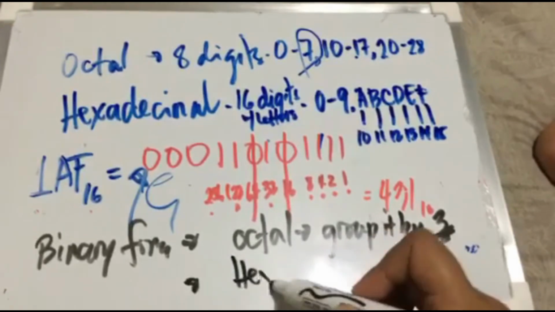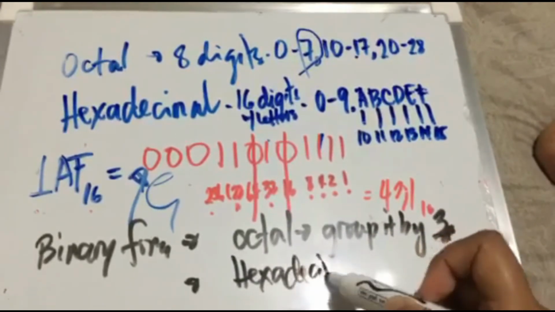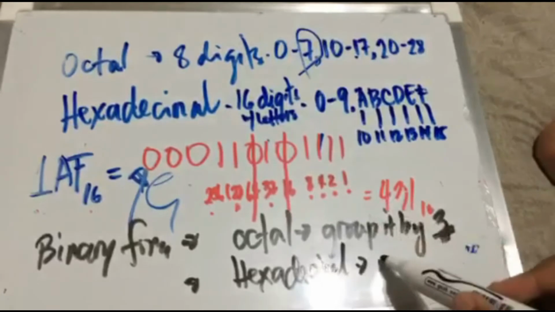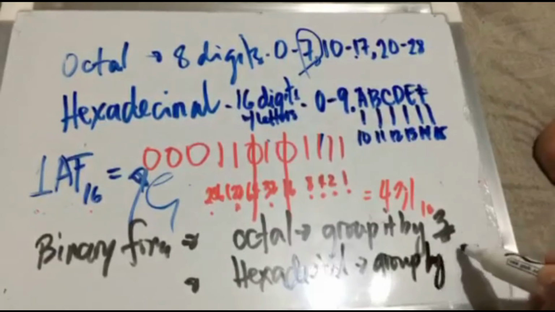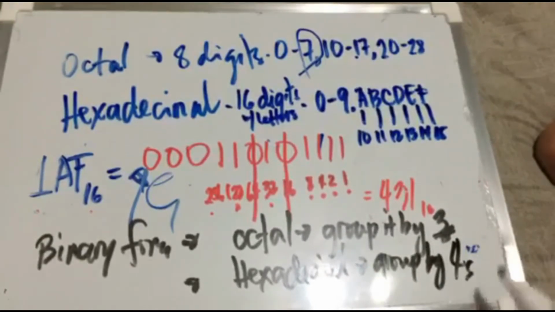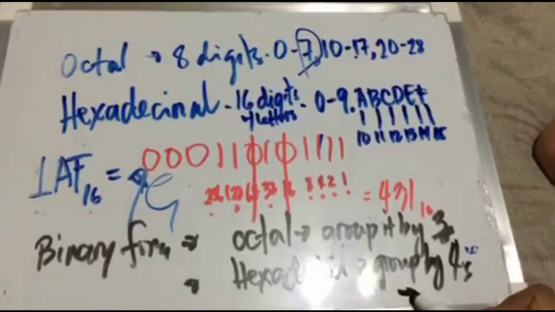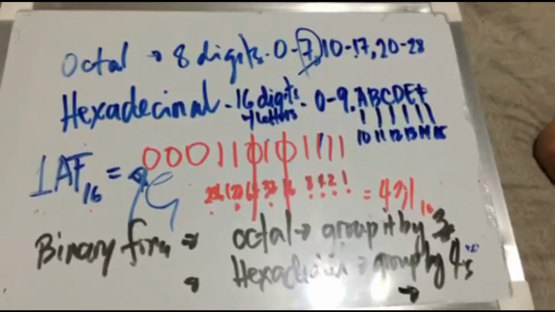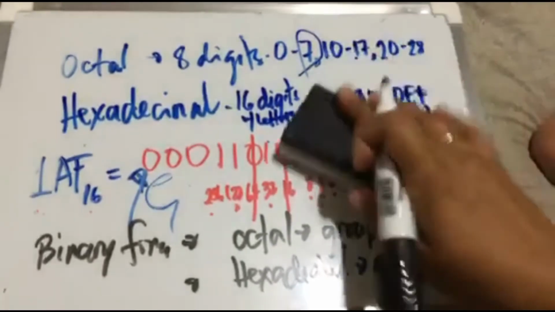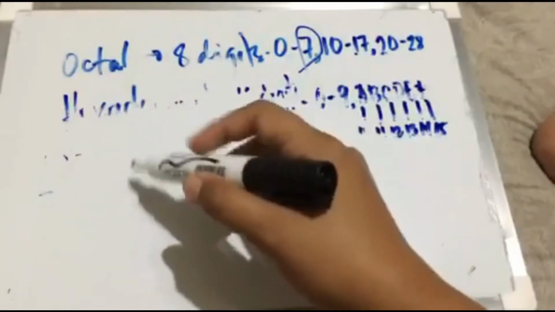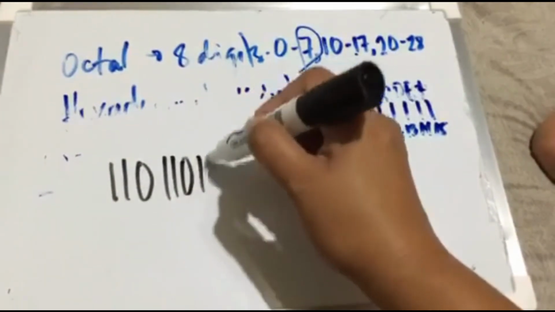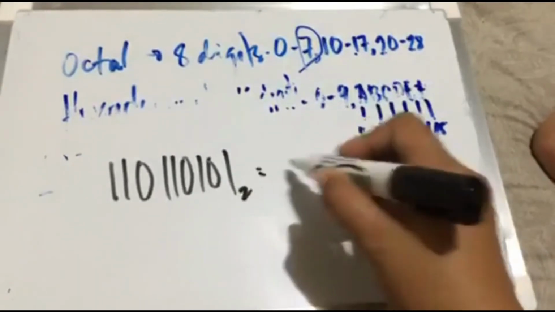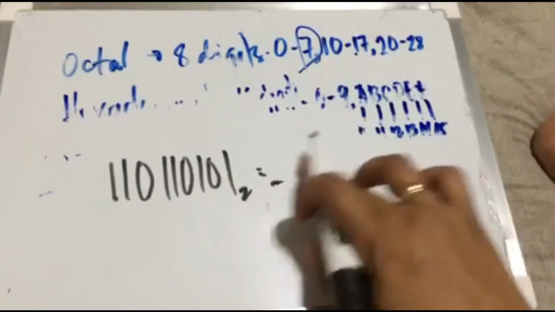For hexadecimal naman, we need to group it by fours, starting from the rightmost number. Okay, so say for example, we have the binary number 1101100101.